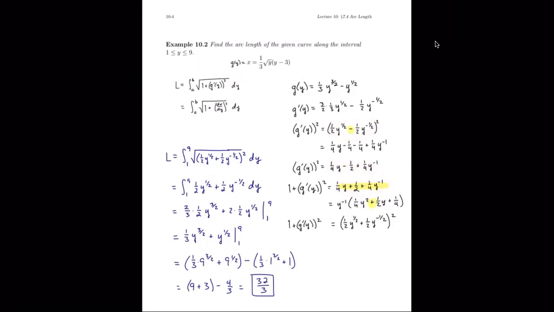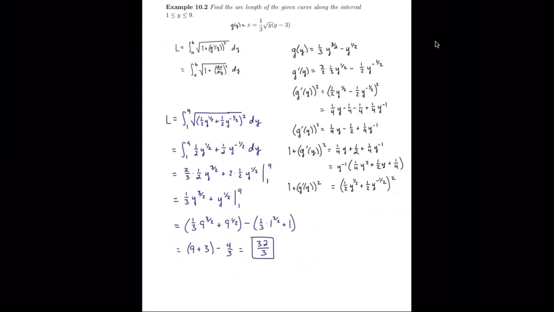Okay, another way to see this, if it's really difficult to deal with the y to the negative 1 power that I haven't really talked much about, you could think about it this way. You could write down 1 plus g prime of y squared down below, on one more line here in red. To rewrite that, we have 1/4, and we can write y squared.